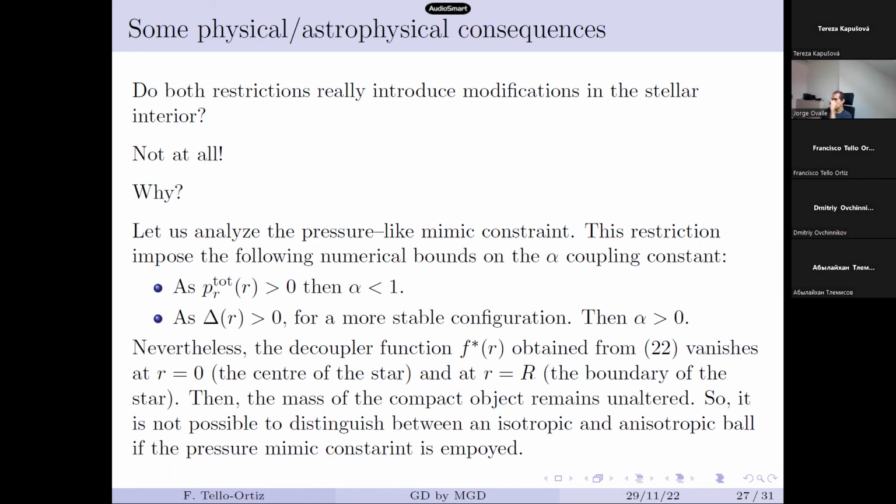The problem is that when you evaluate F at the boundary of the star, the F star obtained from the pressure-like mimic constraint, F is also 0 at the boundary. Then, suppose you want to do an observation. Suppose that you want to compare your toy model.